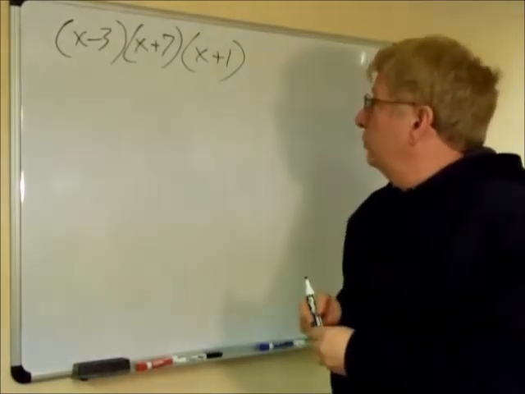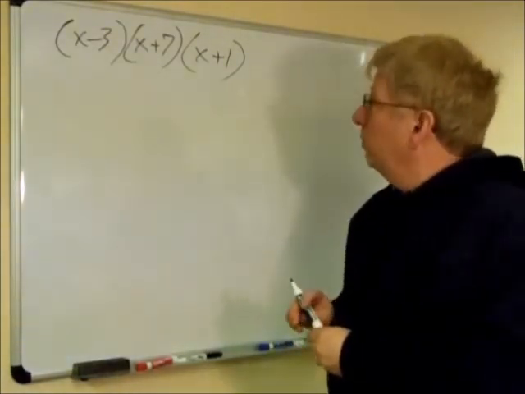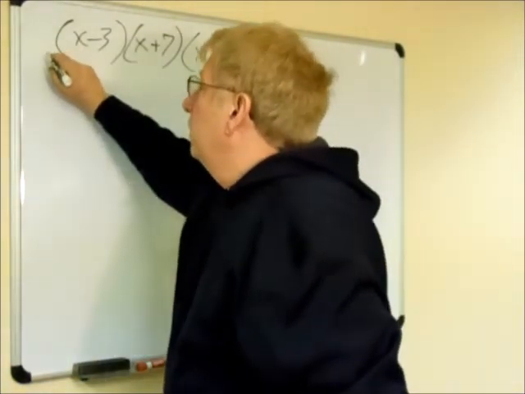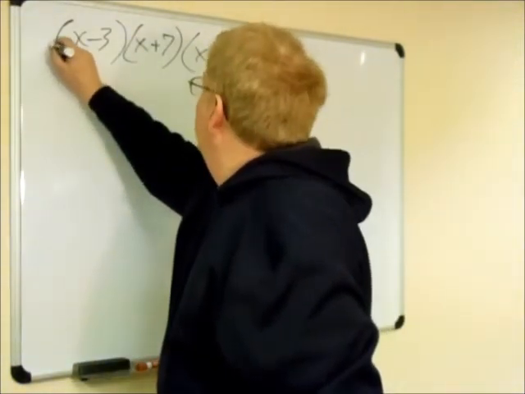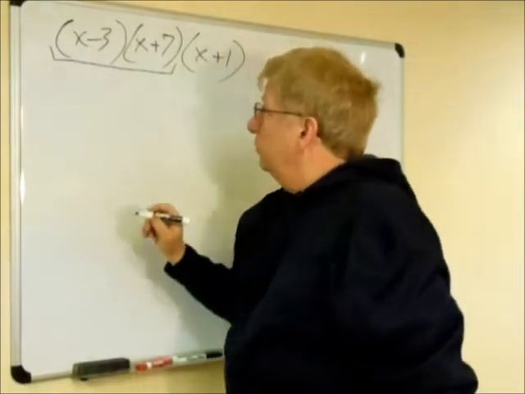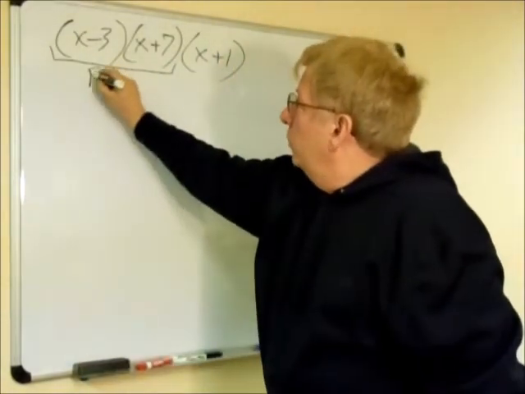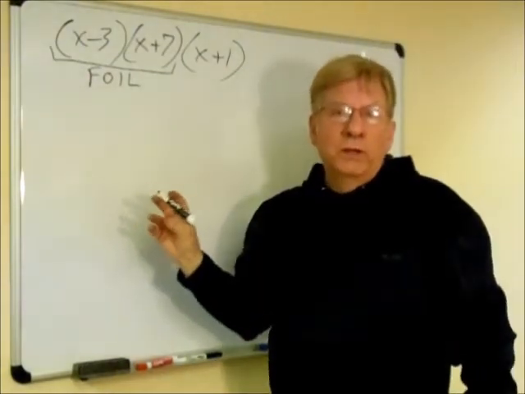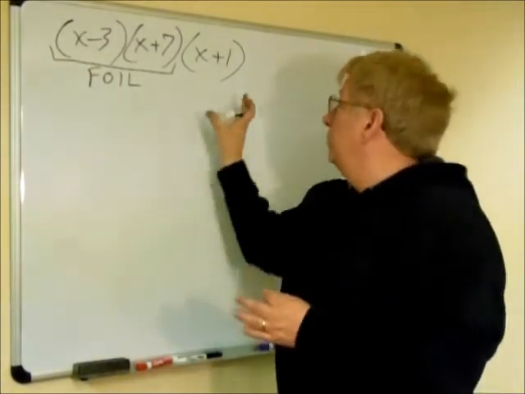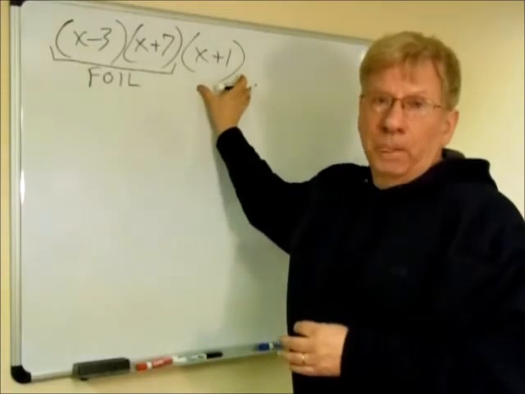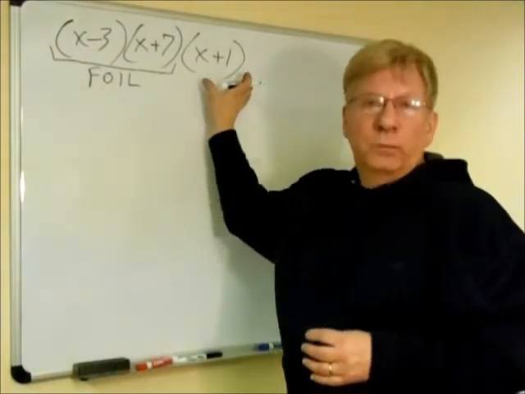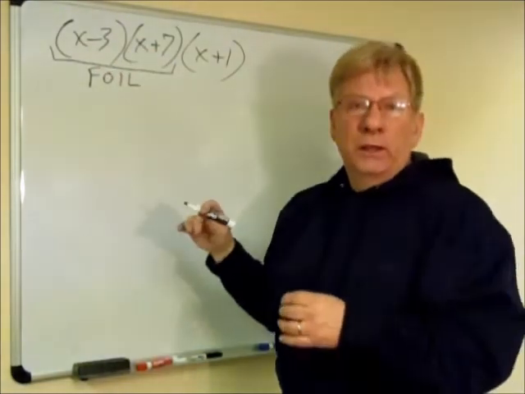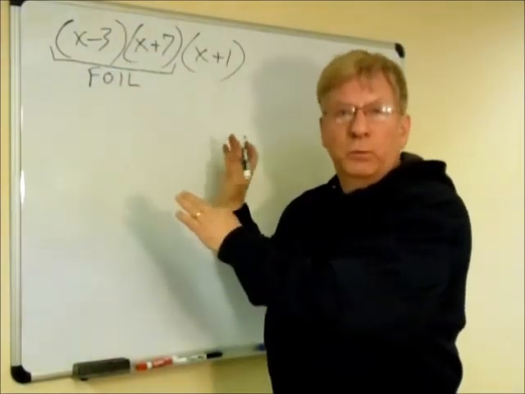Well, we're going to do this in steps. The first thing we can do is use the FOIL method and multiply 2 of them together. I'll just pick these 2; I could have picked any 2. And I'll use FOIL on those. And then after the FOIL, I'm going to end up with a trinomial times this binomial that's left. And for that, I'll distribute.